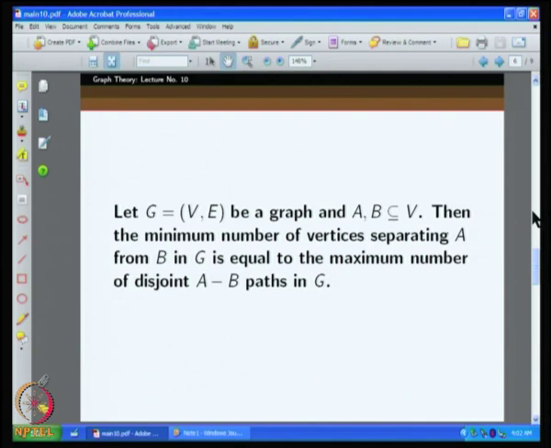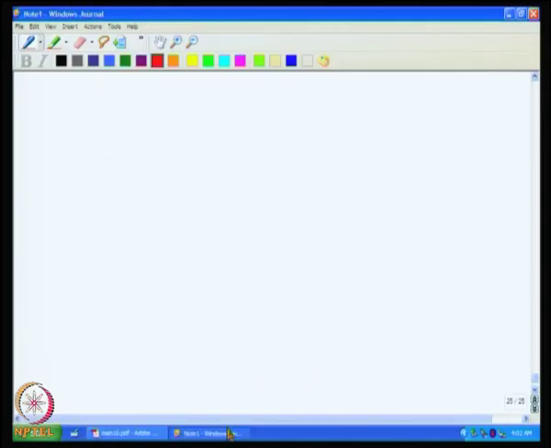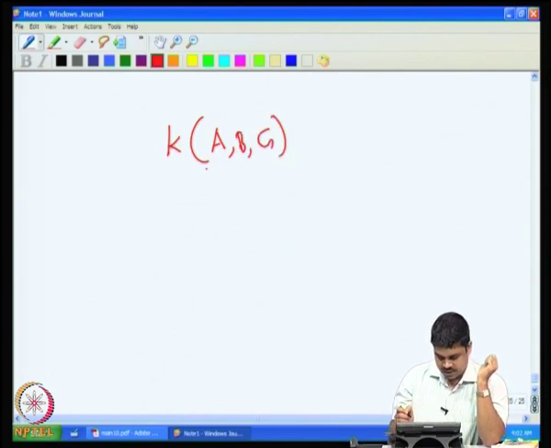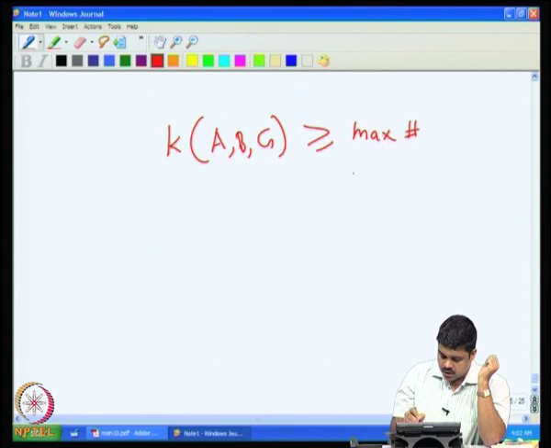To prove this, we first observe that the minimum number of vertices needed to separate A from B in G has to be always greater than or equal to the maximum number of disjoint AB paths.